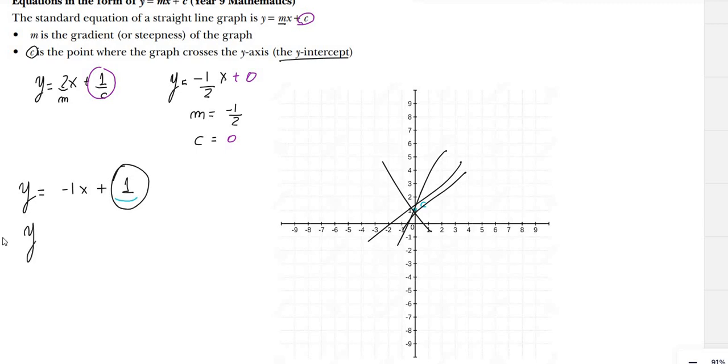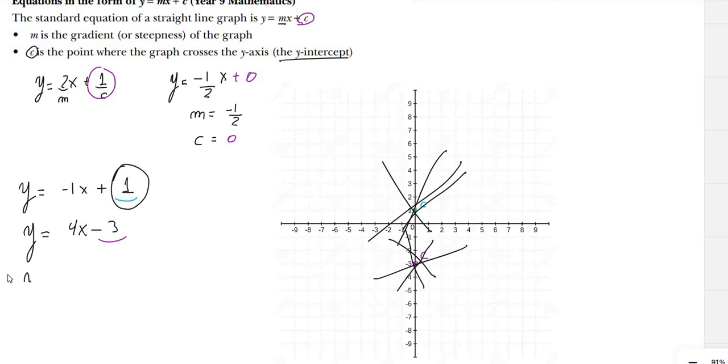If I were to have, for example, y equals 4x minus 3, then this value minus 3 will be over here. This is the value c. So the straight line will cross this value, okay? The idea is that the number that is not linked with the letter x is c, and is the point where the graph crosses the y-axis.